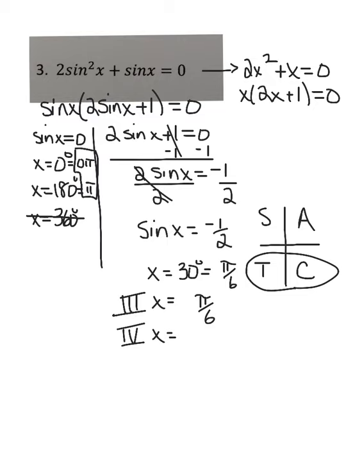Oops, you know what? Let me back up a second here. Let me leave that for a second and let me go back over here. I'm sorry. So in the third quadrant, let's find the angle measure first. So remember, in the third quadrant, we add 180 to your reference angle. So I'm going to add 180 to this 30, right?